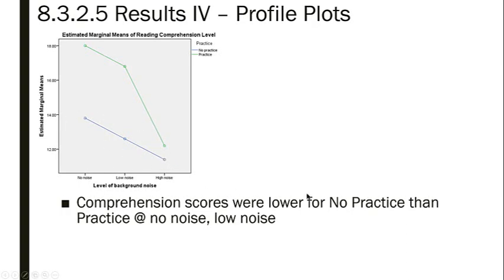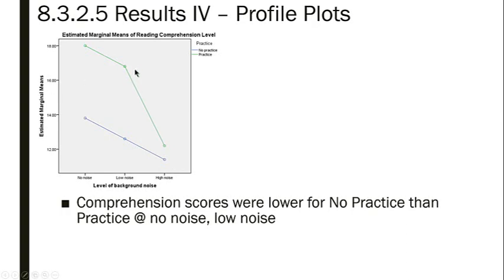I might conclude that there's a main effect of level of background noise because if I think about the mean of these 2 points, so the 2 means for no noise versus the 2 means for low noise versus the 2 means for high noise, if I were to draw an imaginary line halfway between these two, it would not be a flat line, right? There would be a negative slope.